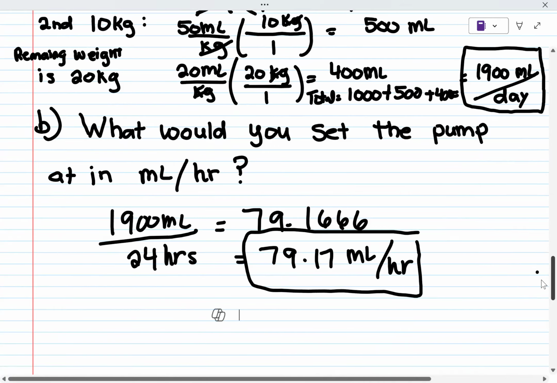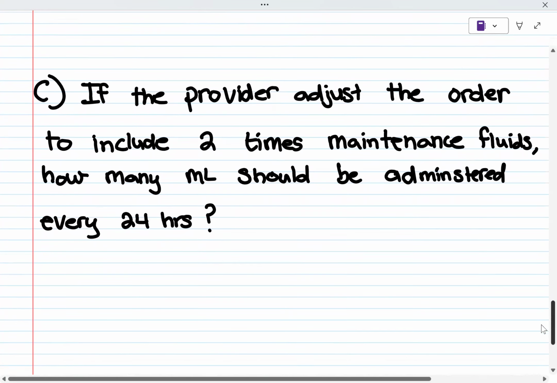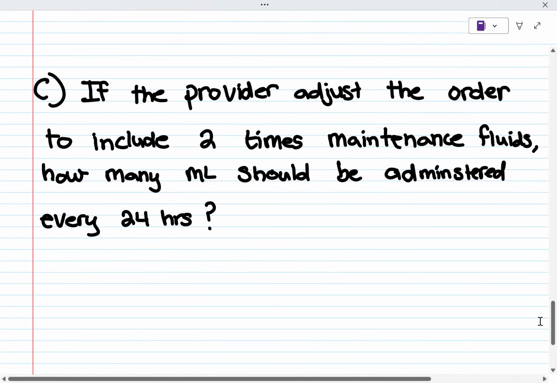Okay, so that was question B. Let's do question C. If the provider adjusts the order to include two times the maintenance fluid, so it looks like the person's dehydrated, how many milliliters should be administered every 24 hours?